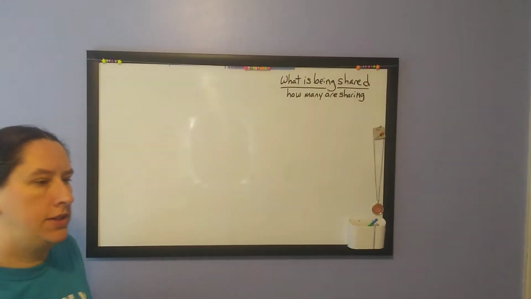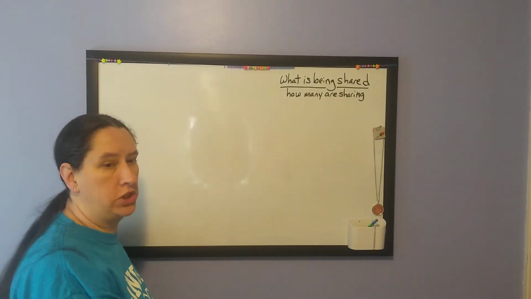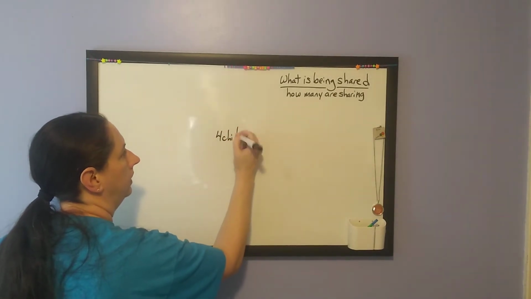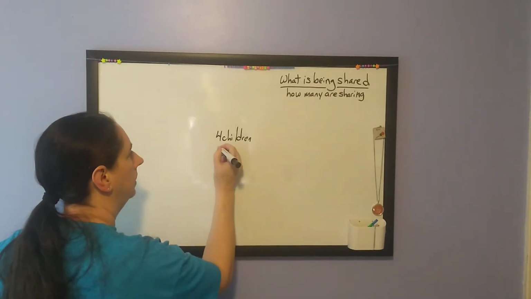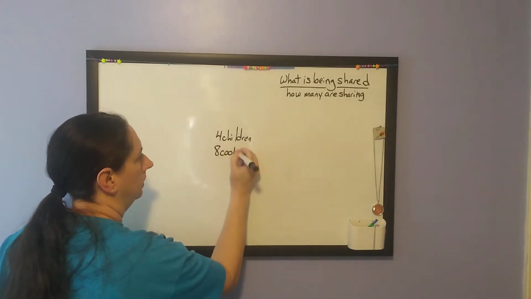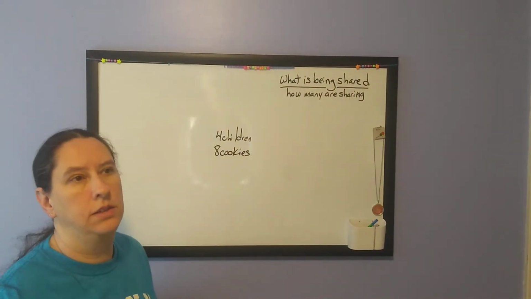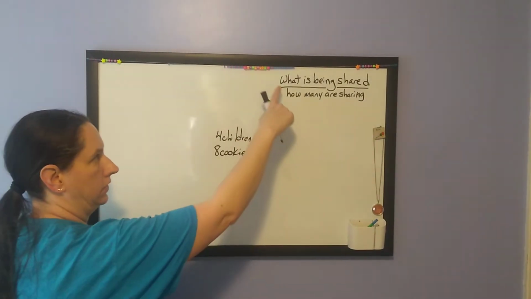So if I were to say that there were 4 children at my house, and there are 8 cookies. If they get the same amount of cookies, how many cookies did each one get? Well, first, let's look at our criteria.